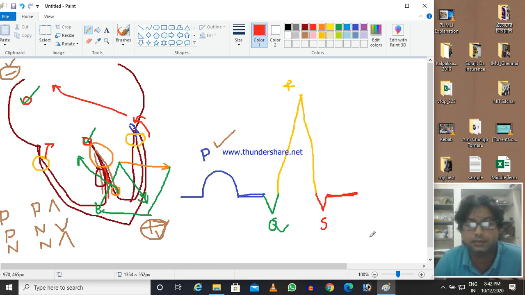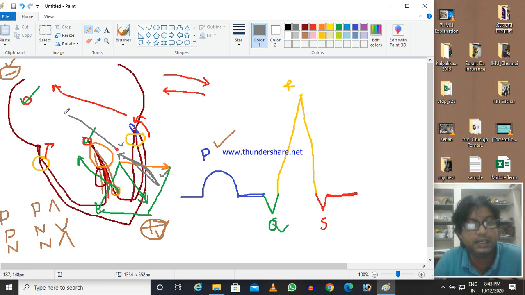As I told, the depolarization happens from endocardium to epicardium, but the repolarization, that means the relaxation of the heart muscle, will happen from epicardium to endocardium. So now if you see here, the repolarization of the ventricle will happen in this way, towards this. This is your epicardium, this is your endocardium.